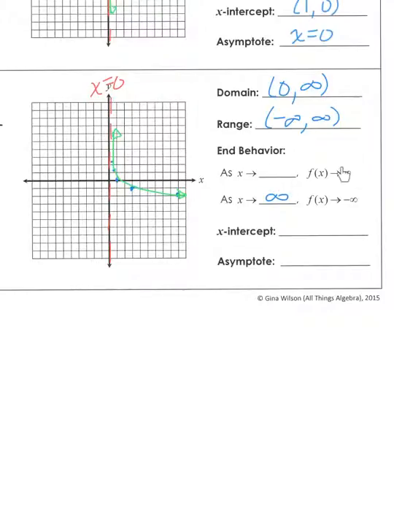And then as y approaches positive infinity, well, y is going up here. So as y goes up, x is approaching this asymptote, which is 0. Always one of these is going to be your asymptote. And then our x-intercept, we already got off of our table, is (1, 0). And our asymptote has not moved, x equals 0.